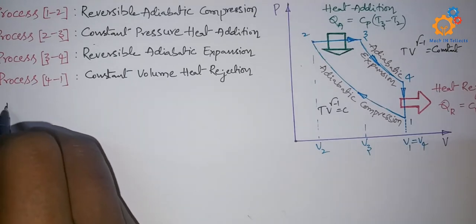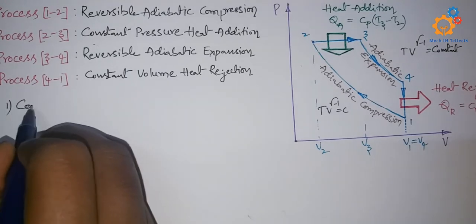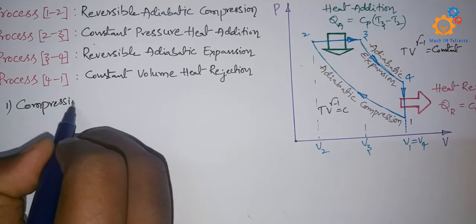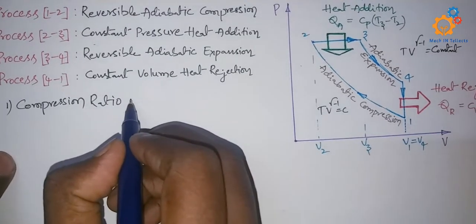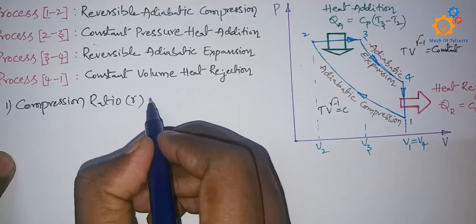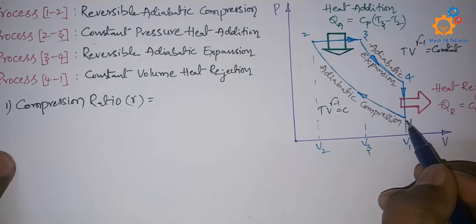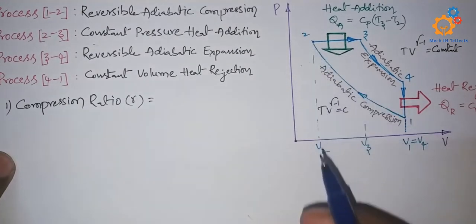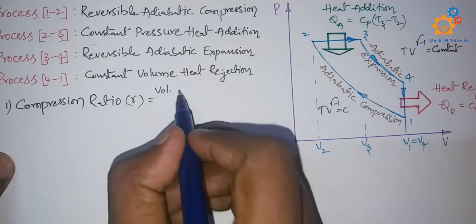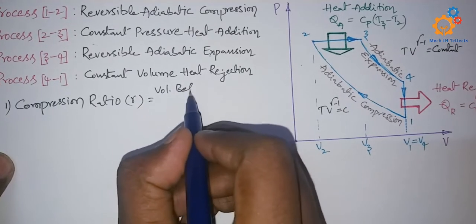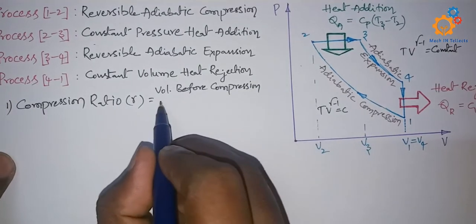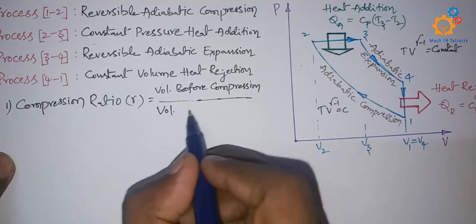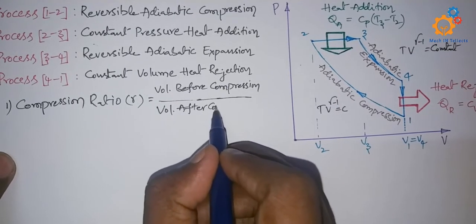The first one is compression ratio. Compression ratio is denoted by R, and it is equal to the volume before compression by the volume after compression.